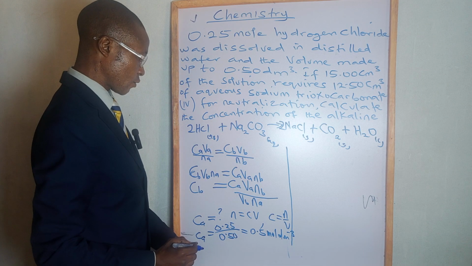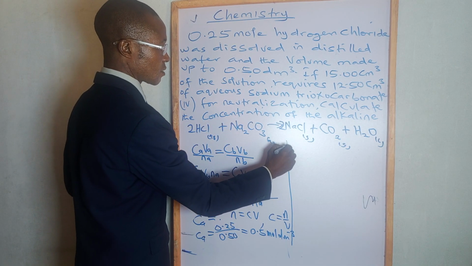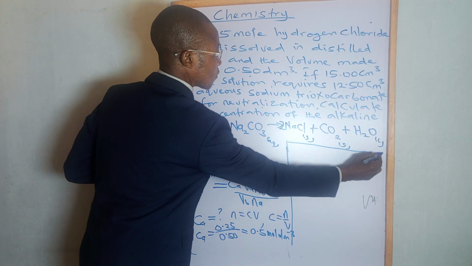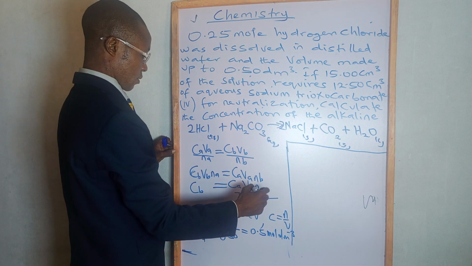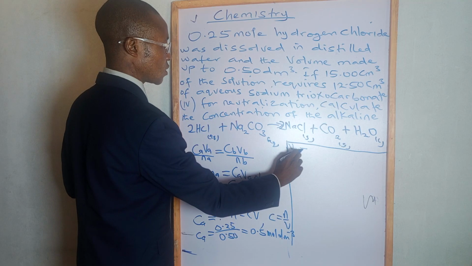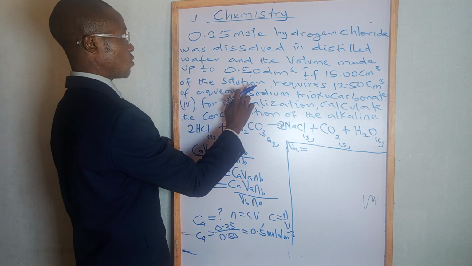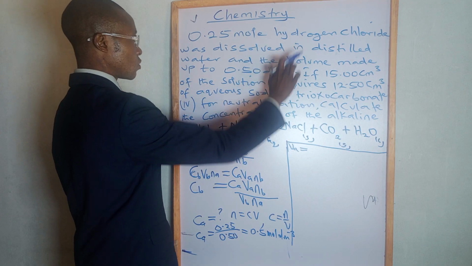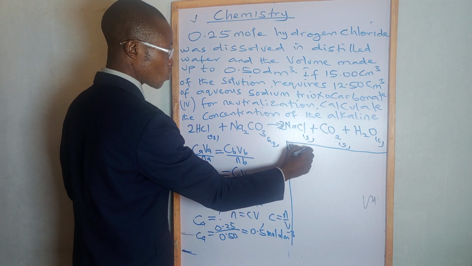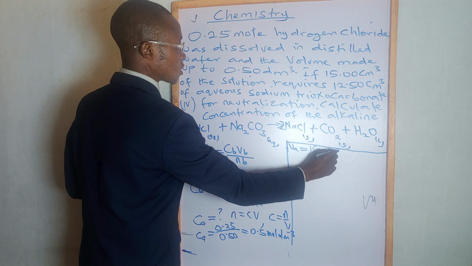So that is the concentration of the acid. Now, what is the volume of the acid? 15.00 cm³ of the solution. Which solution? The hydrogen chloride solution. It means the volume of the acid is 15.00 cm³.